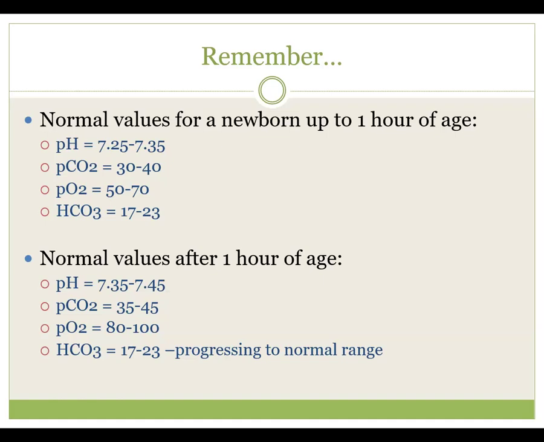It's a compensatory system that helps correct our pH, or our acid-base balance. So when bicarb starts changing, it takes a little bit of time. So even at 1 hour of age, it's 17 to 23, but progressing toward the normal range in the next hours to days of life.